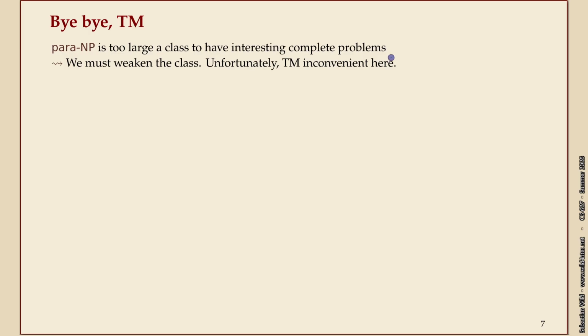But it is, in a way, a too powerful class. So hard problems are too hard in our case. And for technical reasons, Turing machines seem not to work well. I think there's no great justification other than that. So we'll look at some slightly different models of computation, but also are fairly easy to work with.